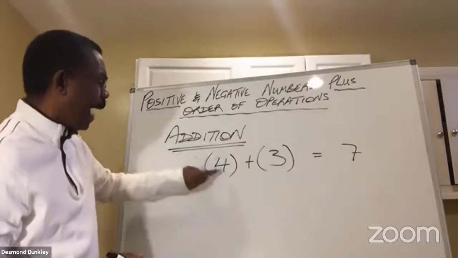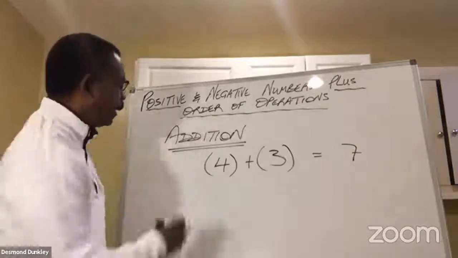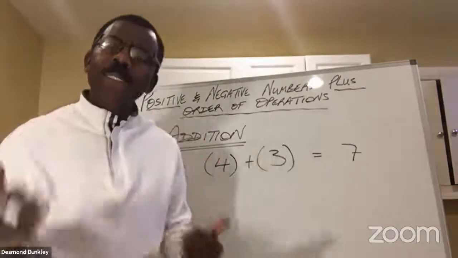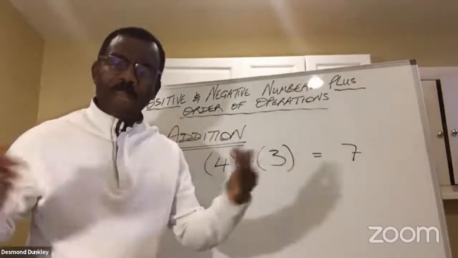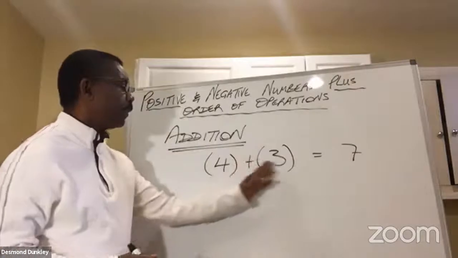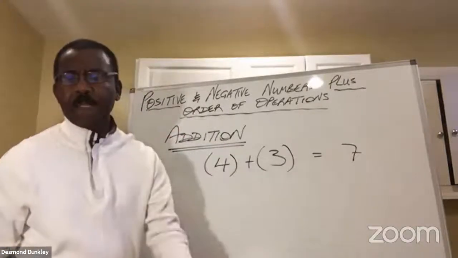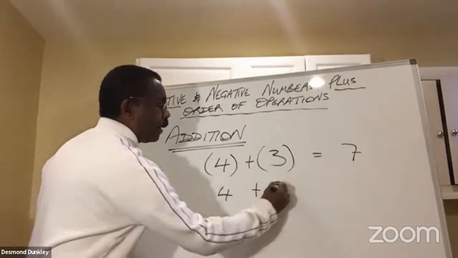So it's saying we're adding this quantity to that quantity, and because the sign is not presented, it is always known to be positive in math world. So 4 plus 3, even if they're in parentheses, does not make a difference. It's the same as just 4 plus 3.